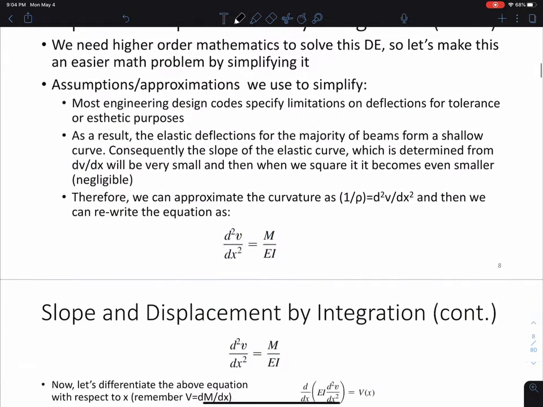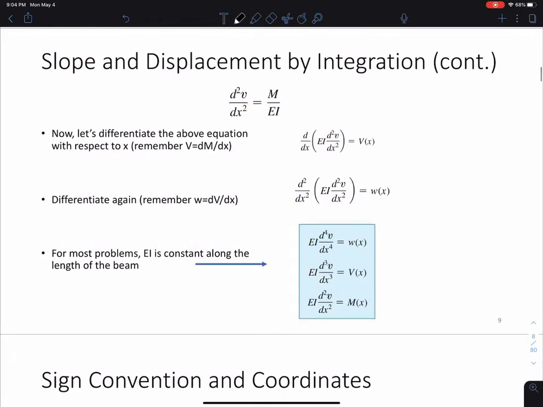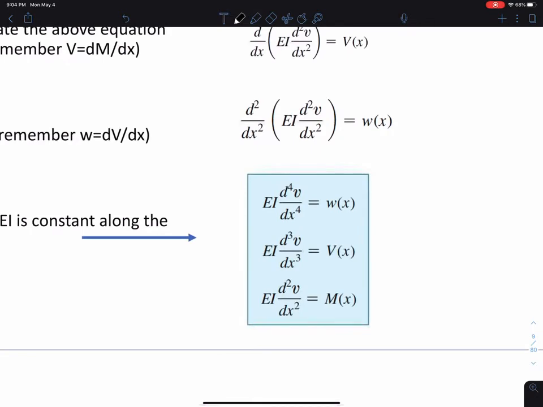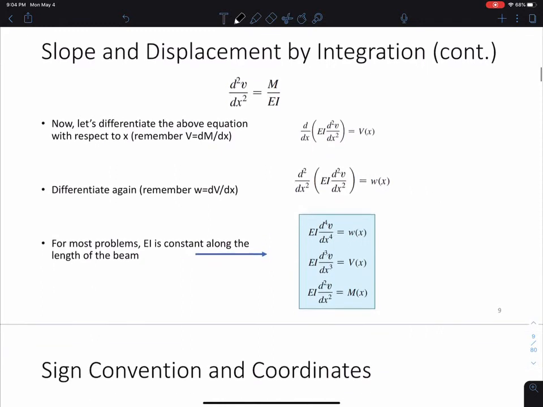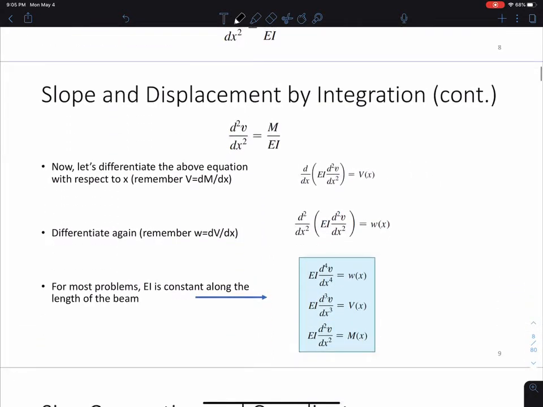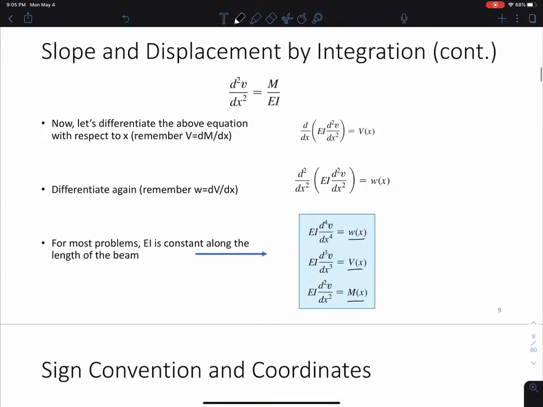Okay, so here I'm going to go until we get what we're looking for. This is the big picture here. This is what we're going to use to solve for our slope and deflection. If you go through this derivation, what you'll see is from our moment curvature relationship, we can determine our slopes and deflections through the load, the shear, and the moment. So we can use the shear, the moment, and the load to take the derivatives and find our deflections and rotations, which is really cool.